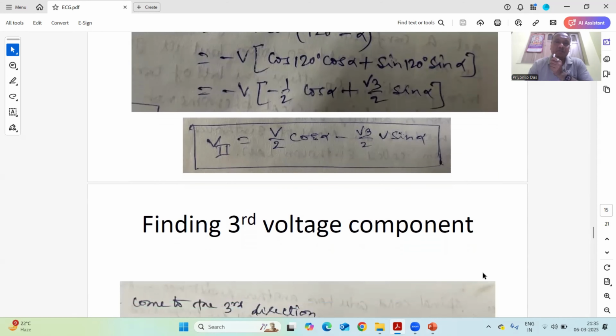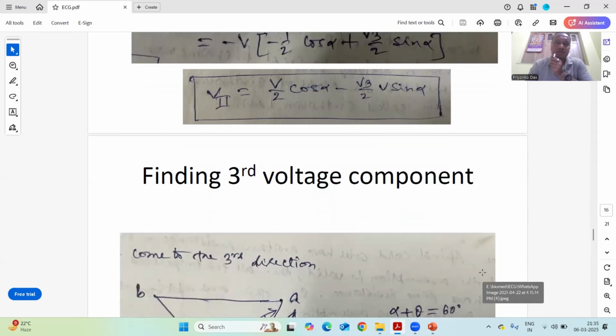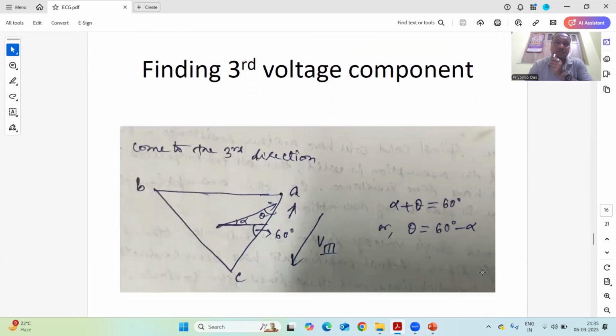Now if we find out the third voltage component, the third voltage component is V3, which was acting downward. That means from left arm to left leg. Okay, so this was the equilateral triangle, and this particular V3 voltage is acting downward, where the main voltage component V was acting in the upward direction, making an angle alpha with respect to the horizontal line.